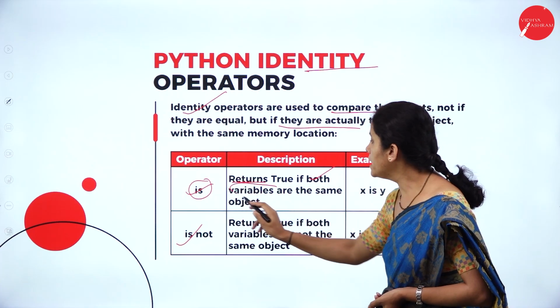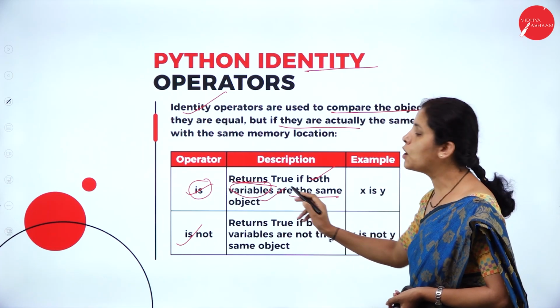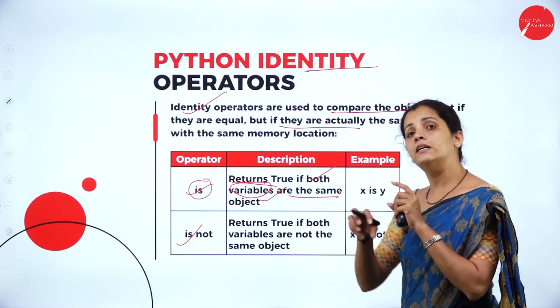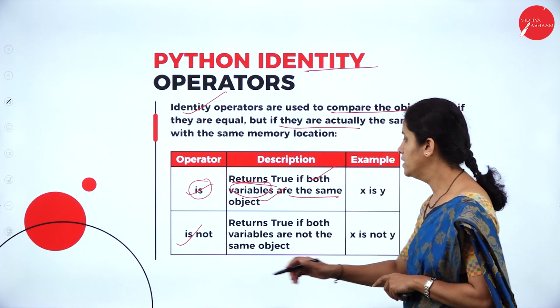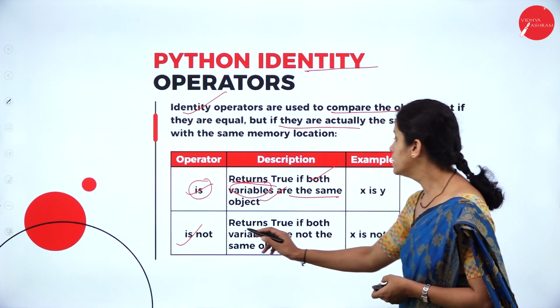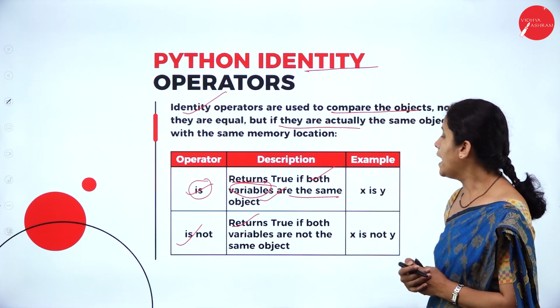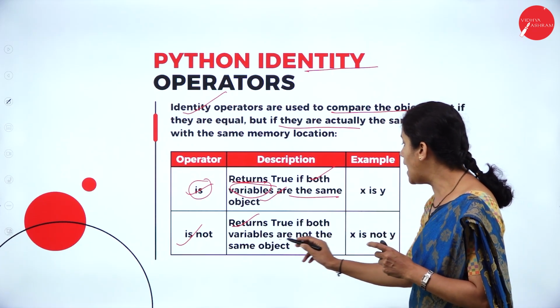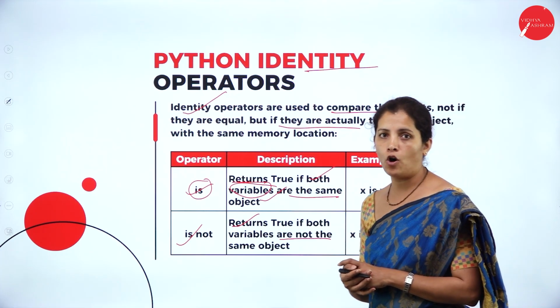Here variables are same as objects. So whatever variable I'm going to use in my program, it is same as an object. And is not is the reverse. Returns true if both the variables are not the same object.